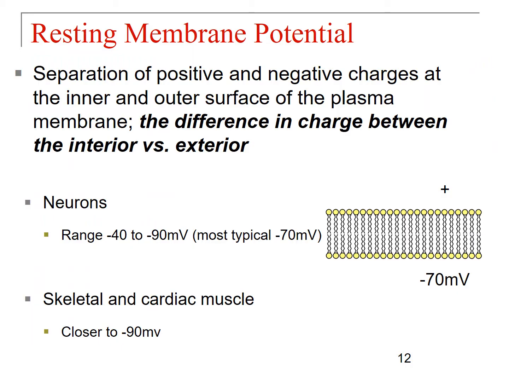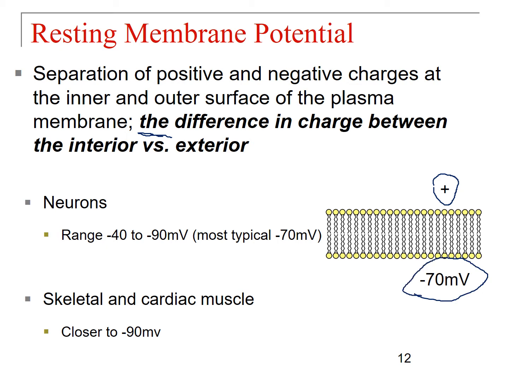Okay, so let's talk about how our resting membrane potential actually gets formed. Resting membrane potential is called the separation of positive and negative charges, but what it really comes down to is what I've got written in bold here: the difference in charge between exterior versus interior. You can see here that the outside of the membrane is positive and the inside of the membrane is at negative 70 millivolts.